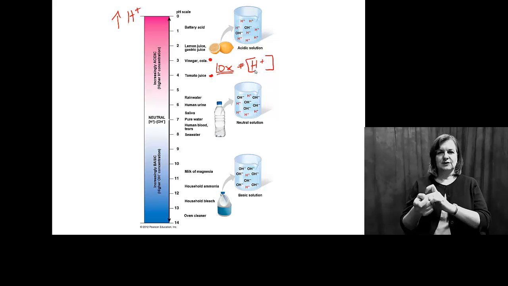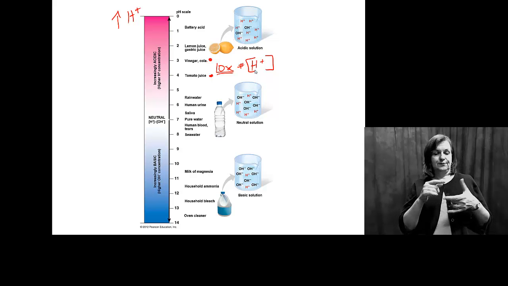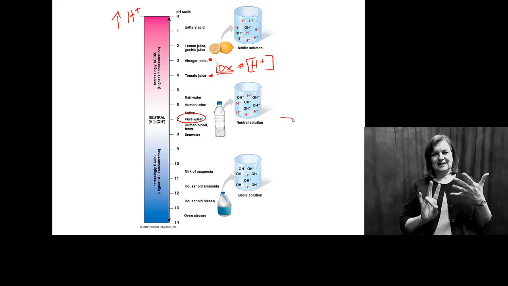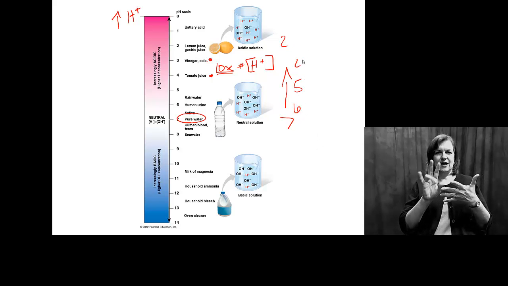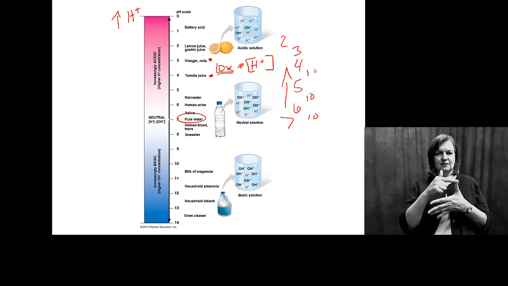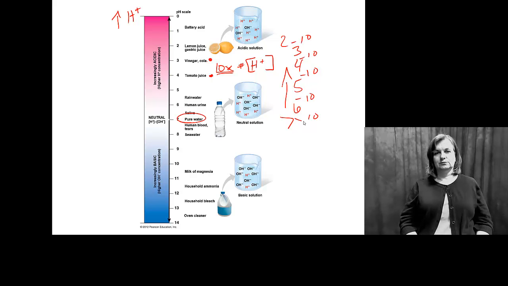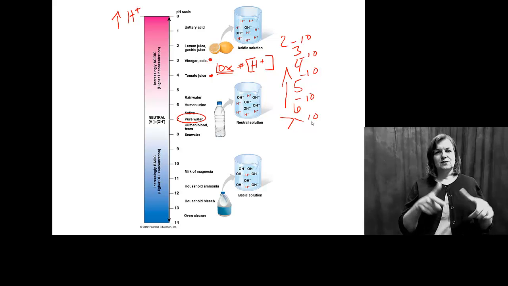Those are huge changes. If you actually went from, let's see, water at 7 to lemon juice at 2. So 7 to 6, 5, 4, 3, 2. You'd have 10, 10, 10, 10, 10. Wow. Those are huge increases in the number of H+ or protons in the solution, right?